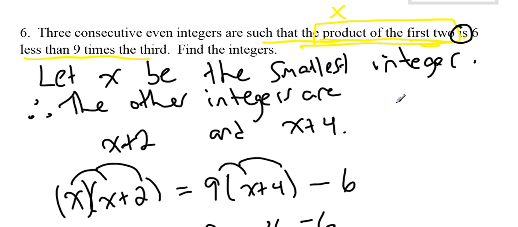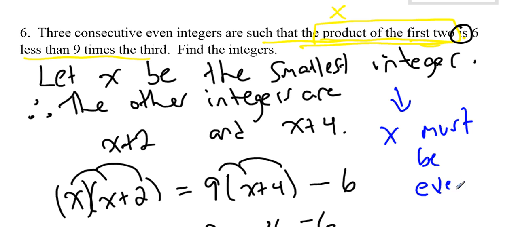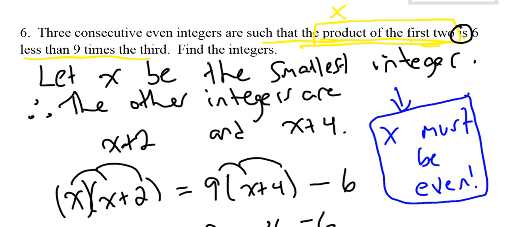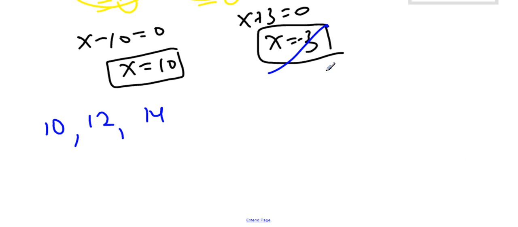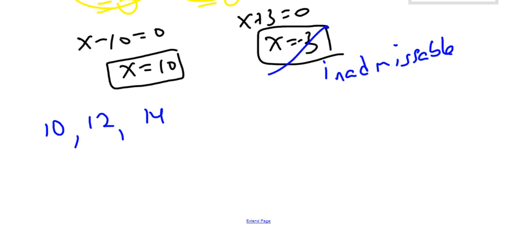Okay, so remember, x must be even. I should have explicitly said that at the beginning, but hopefully you remember to do that. And therefore, that's why I can say inadmissible. Not because it's negative, but because x was supposed to be an even number. So 10, 12, and 14 is my only possible solution.